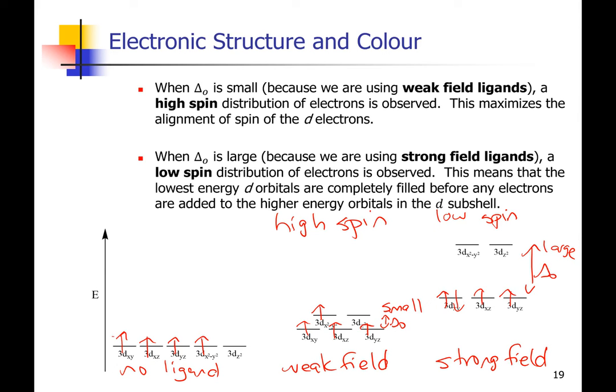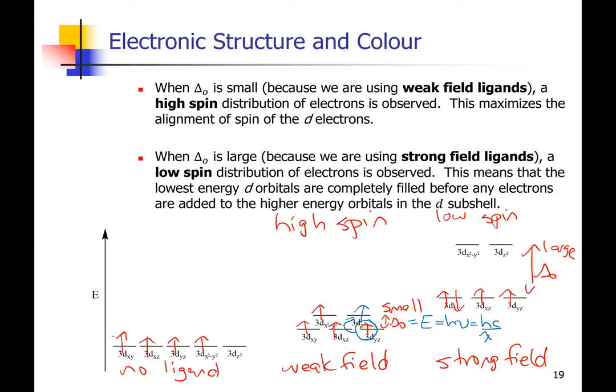And if we were to excite this electron down here up into one of those higher energy d orbitals, then it would have to absorb light. And it would have to absorb light with a frequency and therefore a wavelength corresponding to that energy gap.